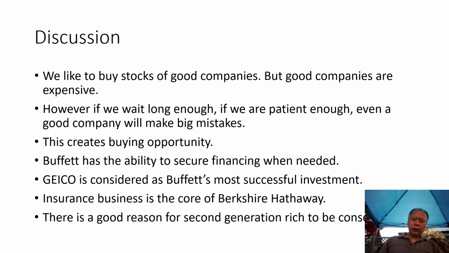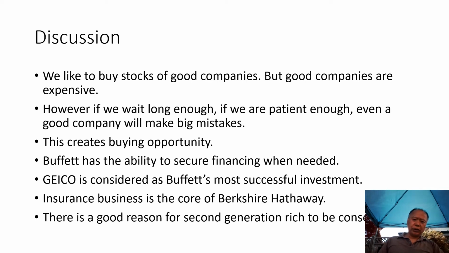We like to buy stocks of good companies, but good companies are expensive. However, if we wait long enough, if we are patient enough, even a good company will make big mistakes. This creates a buying opportunity. GEICO is often considered Buffett's most successful investment.